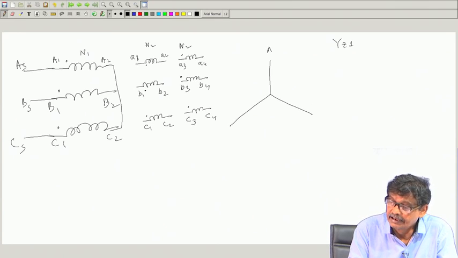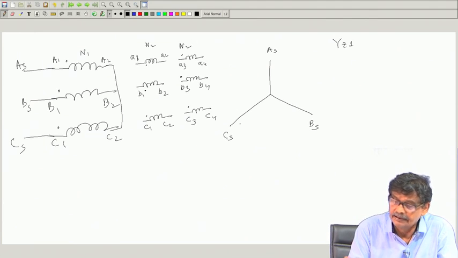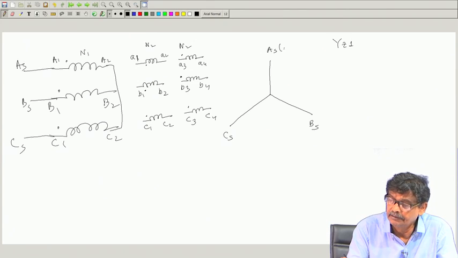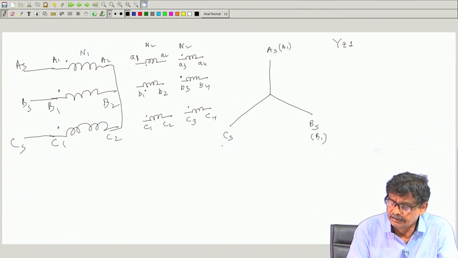This is suppose AS, BS, because supply voltage is balanced, CS, and AS means A1 only, this is B1 and this is C1, and these are A2, B2, C2. This is the neutral of the transformer N.